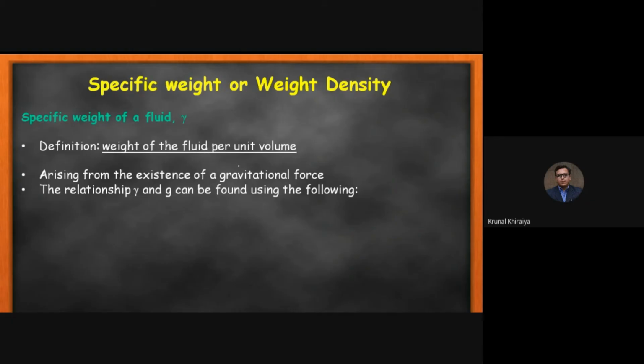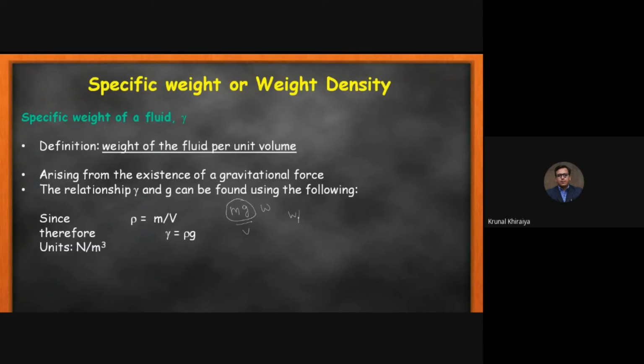Arising from the existence of the gravitational force, the relationship between gamma and g can be found using the following relations. We know that density equals mass by volume. Therefore, the specific weight equals rho into g, as the mass into g divided by V becomes mass into gravitational acceleration, which is called weight.